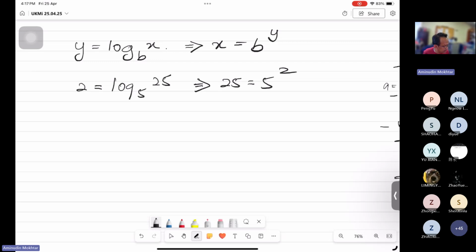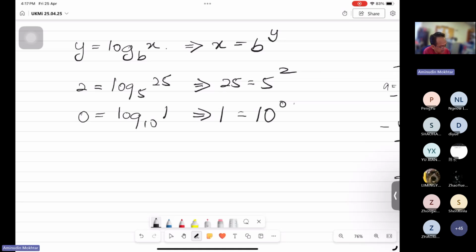Let's say we have another one: 0 equals log base 10 of 1. The exponential form is 1 equals 10 to the power of 0. That's the connection.